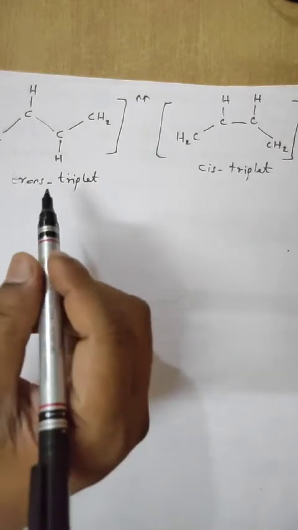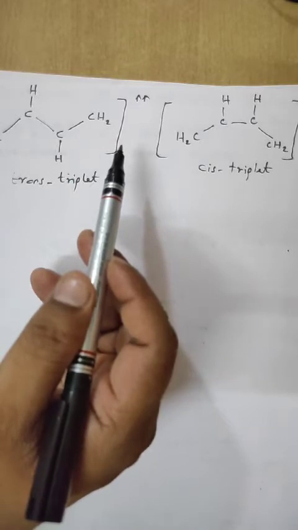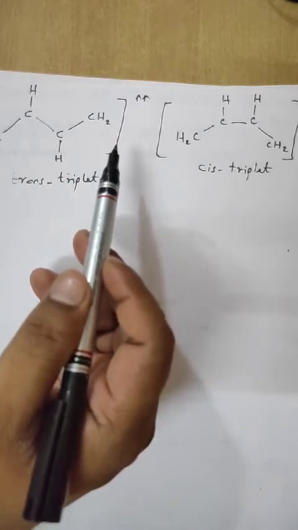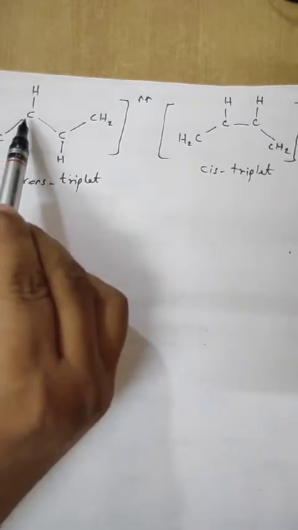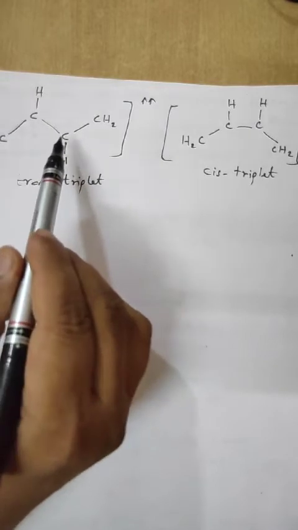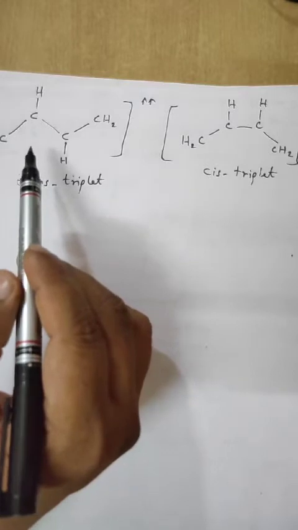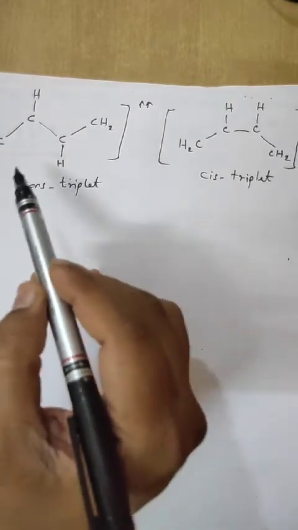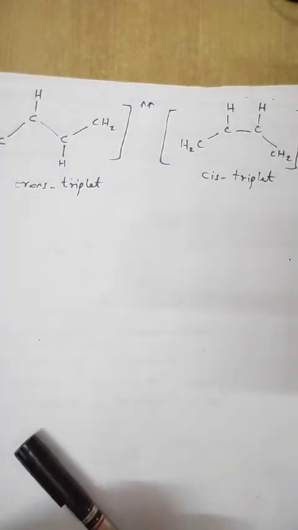So the 2,3 bond has one-third double bond character, so it is unlikely that there will be free rotation around the 2,3 bond. The result is that separate cis triplet and trans triplet are possible for butadiene.